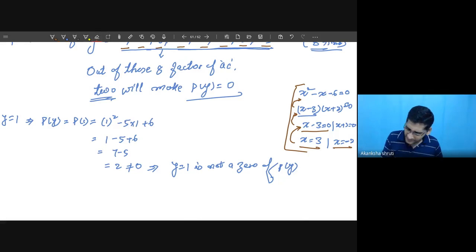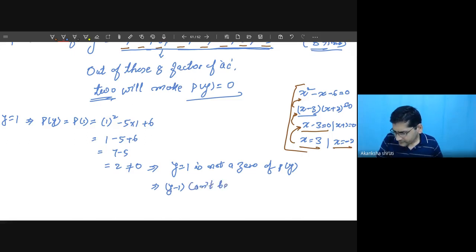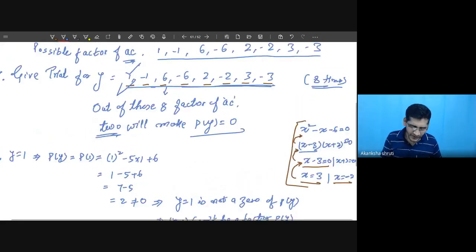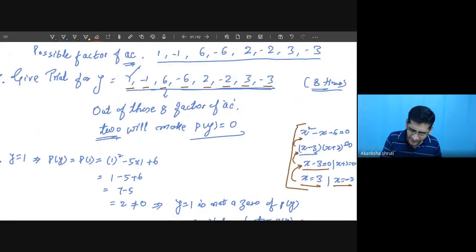When y equals 1 is not a zero of p(y), then in the earlier class we have written that y minus 1 cannot be a factor of p(y). Are you getting? So this way, this one is being rejected. So this you have to keep in mind.